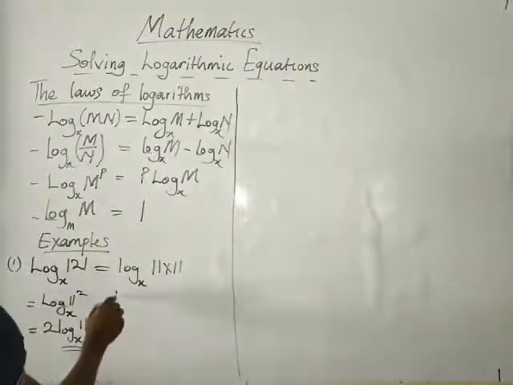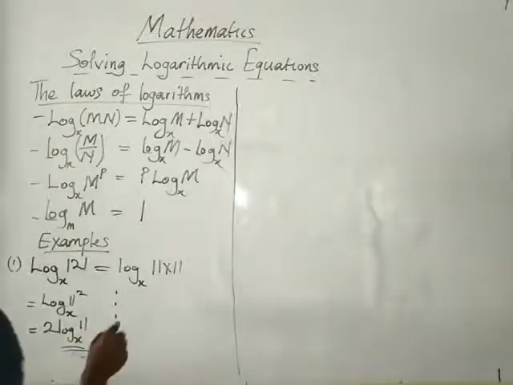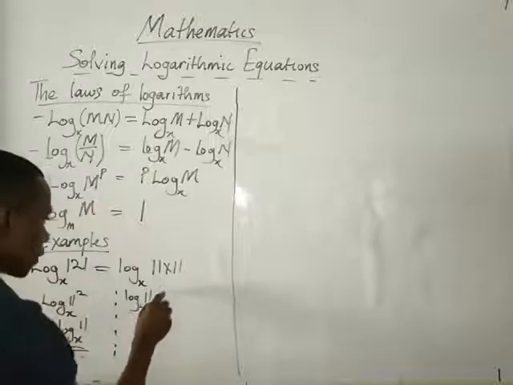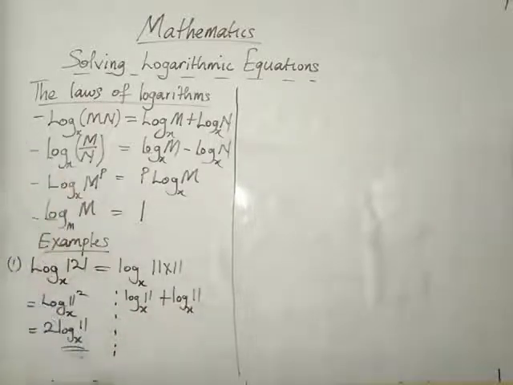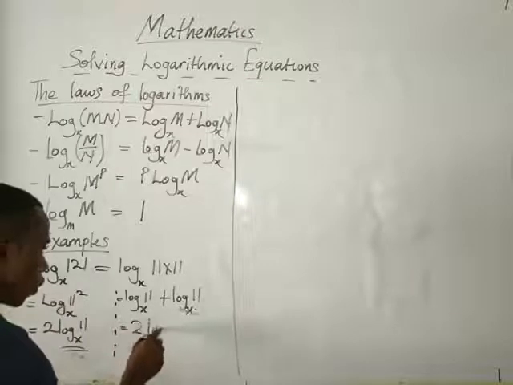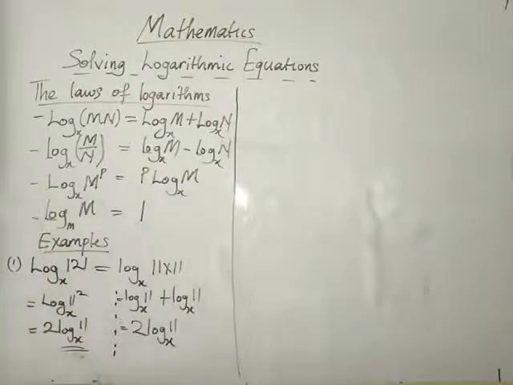The other way to work it, to see the application of log 1, I can take it as log 11 to base x plus log 11 to base x. So I have 2 of the same value, that will give me 2 of log 11 to base x. Meaning if I'm going by log 1 or log 3, I'll still arrive at the same answer.